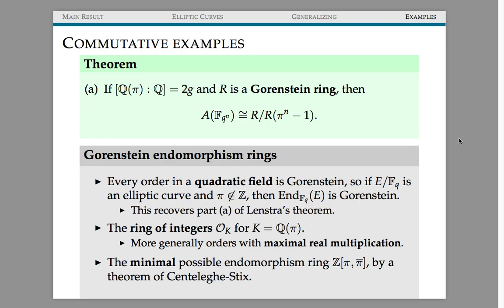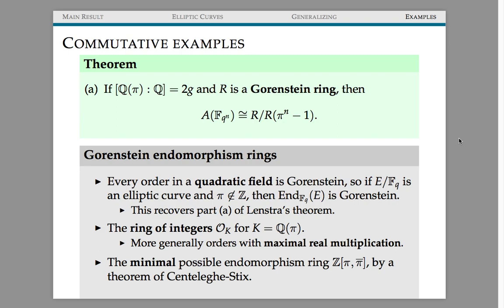More generally, the ring of integers of a number field is always going to be Gorenstein, although we don't know for sure that a non-maximal order would also be Gorenstein. That's only sometimes true. But even so, it is sufficient to say that the order has maximal real multiplication.